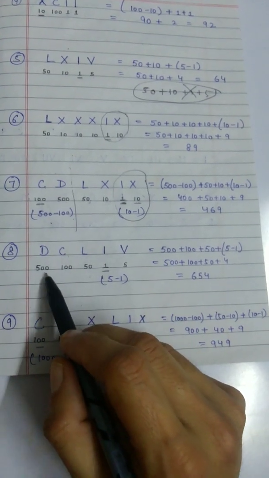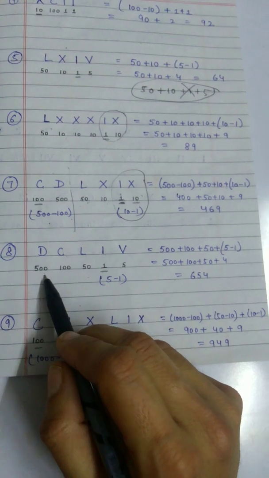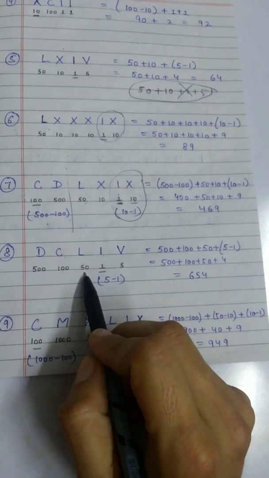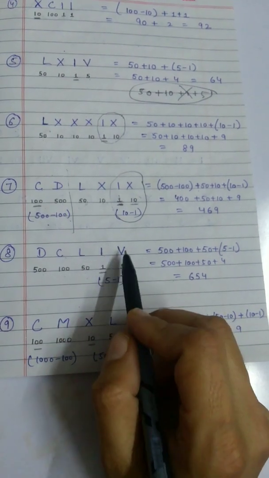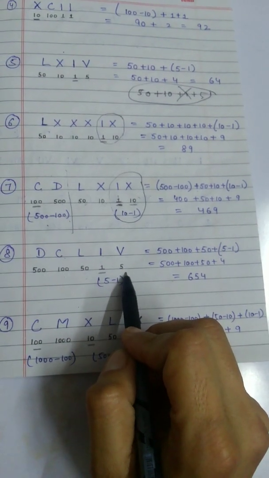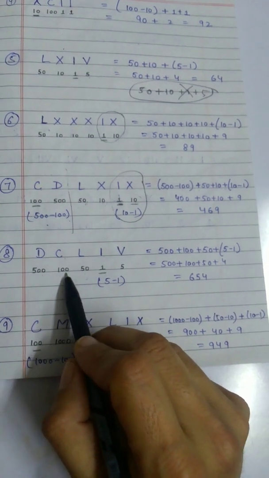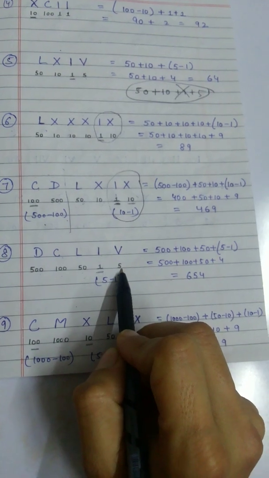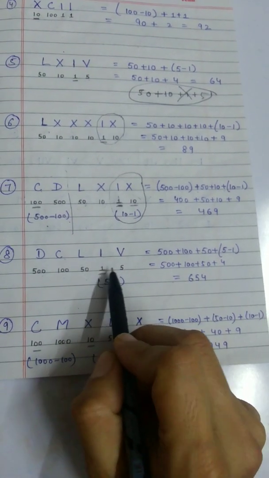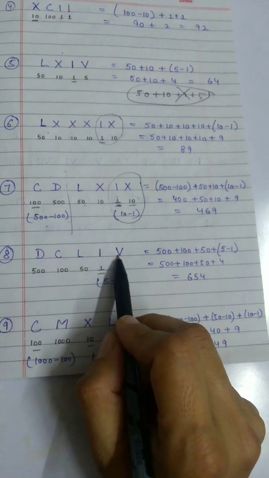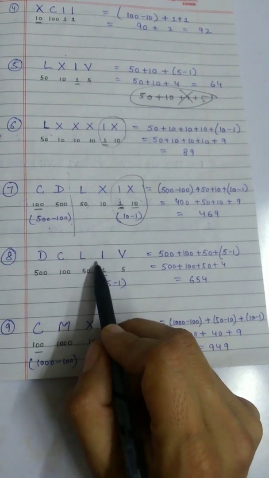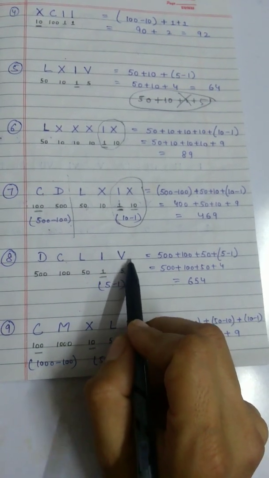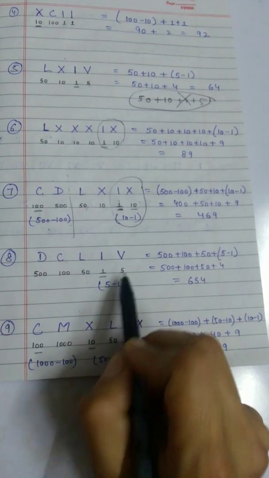We have written the corresponding values. D is 500, C is 100, L is 50, I is 1 and V is 5. Okay, so bigger, small, small, small, again big. So same rules. Smaller symbol between two larger symbols, value of smaller will be subtracted from the value of the symbol towards its right.